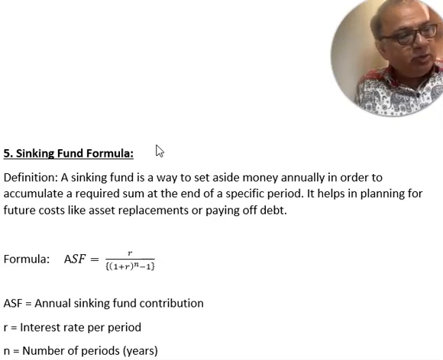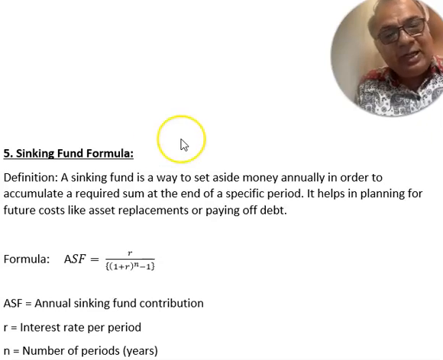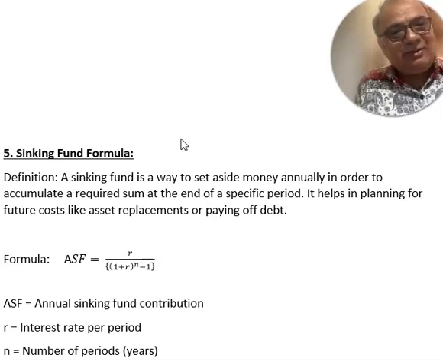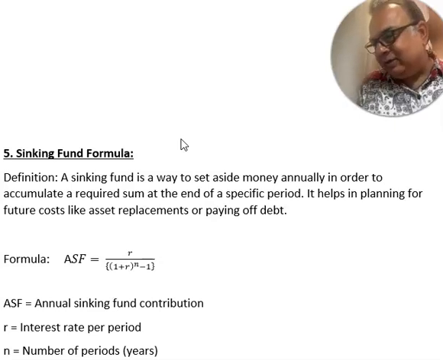A sum of amount you put in a fixed deposit. This amount is calculated in such a way that after 50 years, you will get 50 lakhs for the future house. That is called a sinking fund. You put some amount, keep that amount and forget it, it will be useful after 50 years, you will keep earning interest on that amount, but that amount is called a sinking fund.